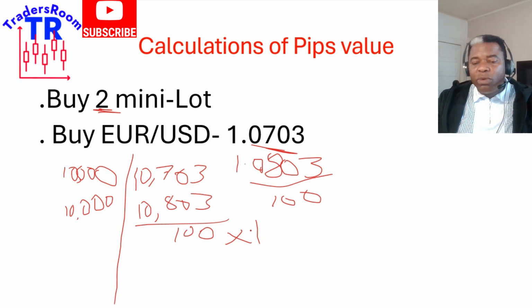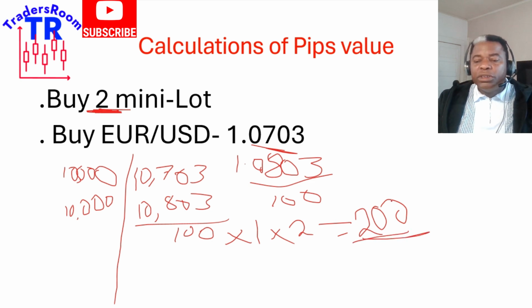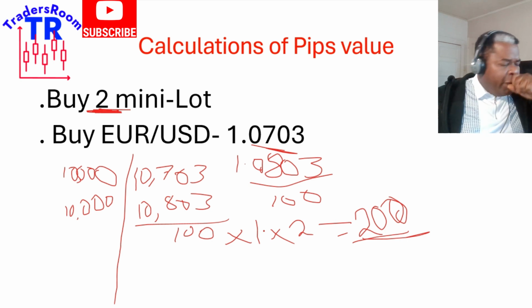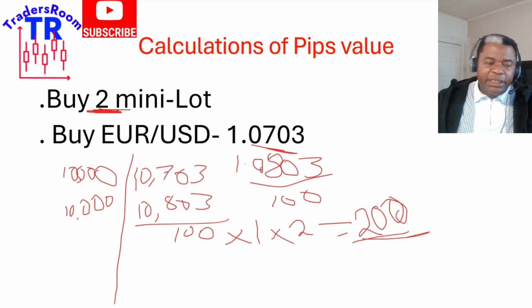So 100 times one would now be times two. Where did we get the two from? Remember that we are trading with two mini lots. So from there, 100 times 1, 100 times 2, 200. So on this trade, you were able to gain 200 as your profit. So that is how you calculate it.